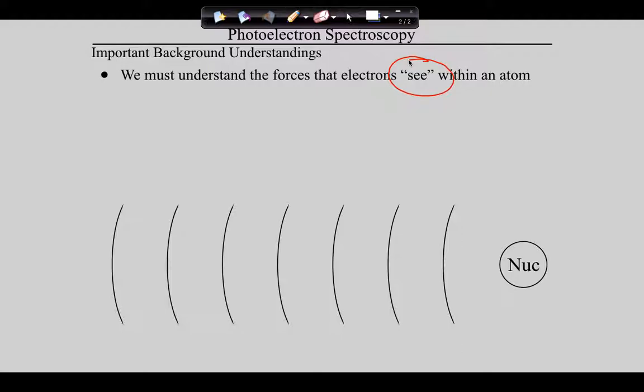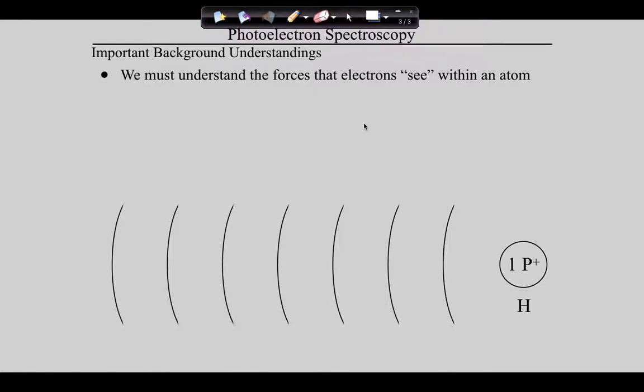Physicists and chemists love to talk about the forces that particles see. What they're really talking about is the forces that they experience, or that push and pull on them. We talk about that as being seen. So what forces do these things see? With that out in the open, let's get going.